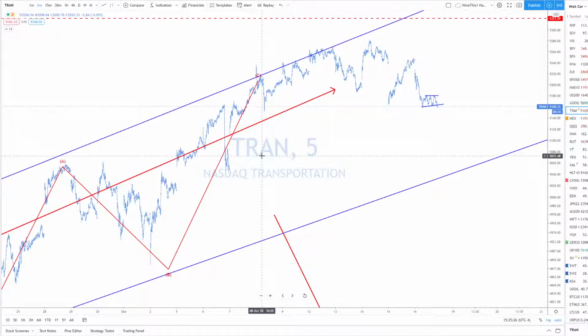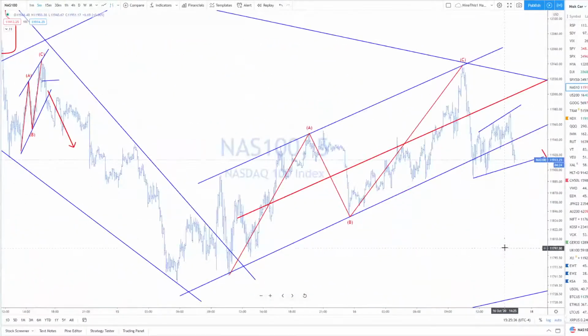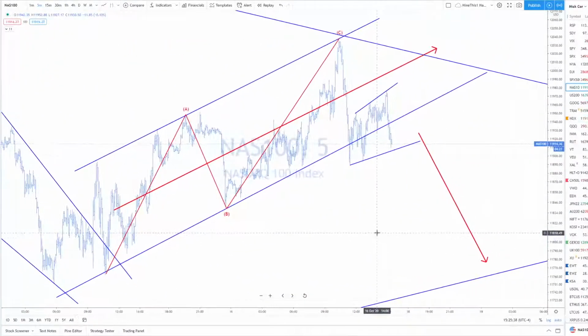See that? Come on, baby. Fall. Get it over with.